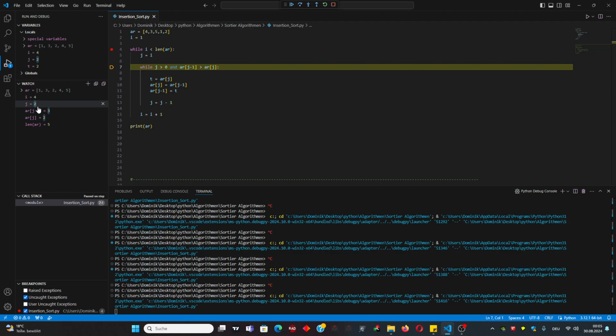J is still higher than 0, so we can compare again the list elements. AR[J minus 1] is 3, AR[J] is 2, and AR[J minus 1] is then higher than AR[J]. That means we will swap the numbers again, so the 3 and the 2.